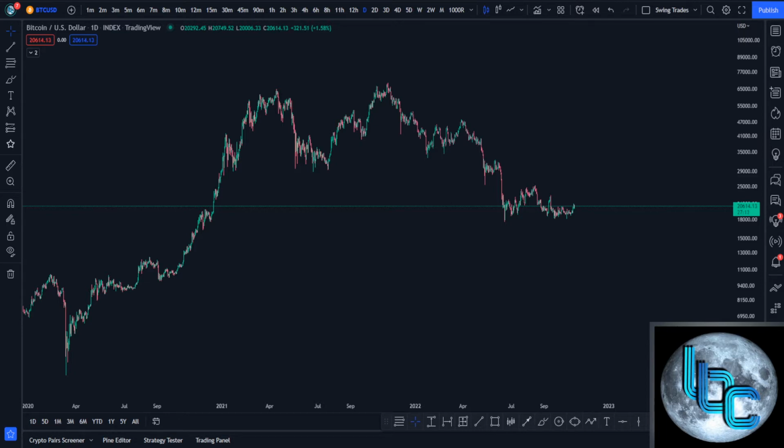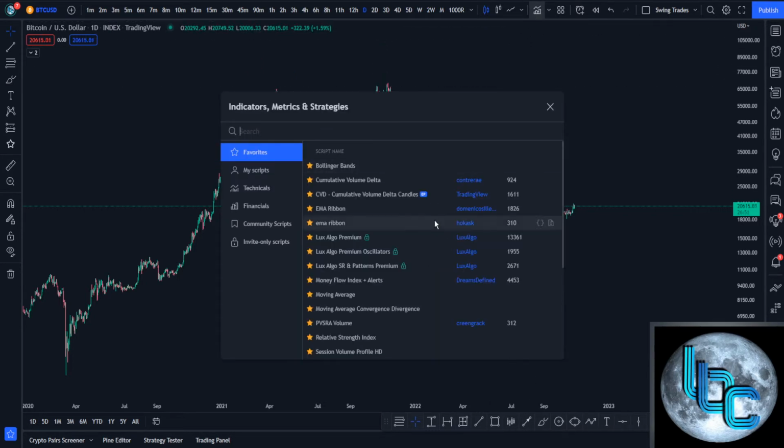But I don't know why they need a script for that because of this, and this is just a lesson that I wanted to teach. So yeah, it's very basic. It's all about settings. So one thing that I want to point out is no matter what indicator you're using, when you open it up for the first time and you put it on your chart, don't just go by the default settings.